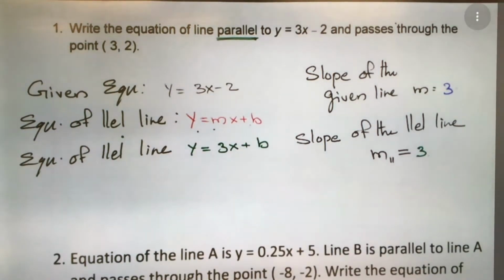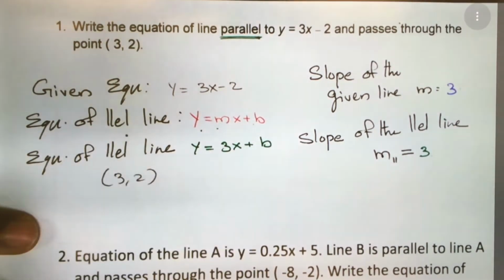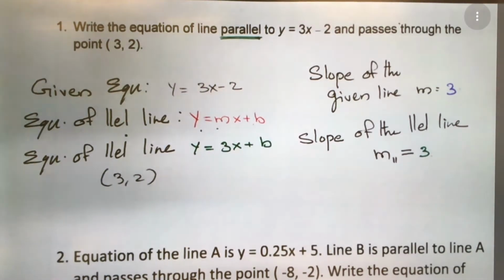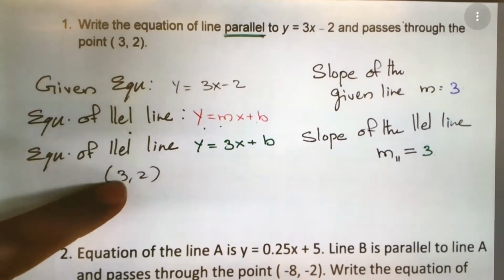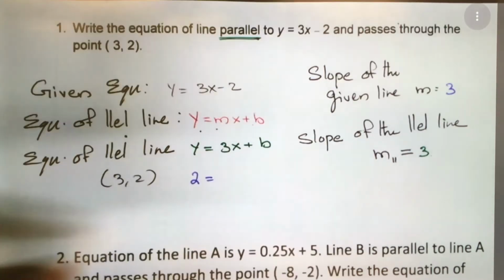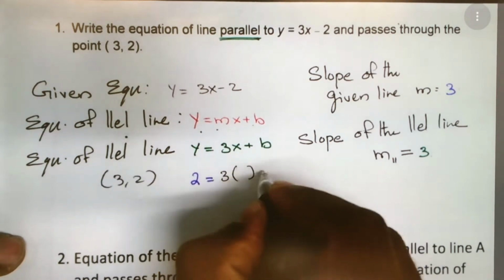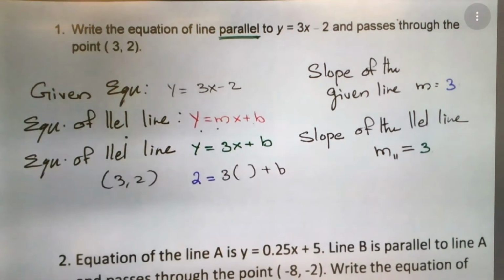To identify the b, I replace the x and y with the given point (3, 2). So my x is 3 and my y is 2. So 2 equals 3 times x plus b, where x is 3.